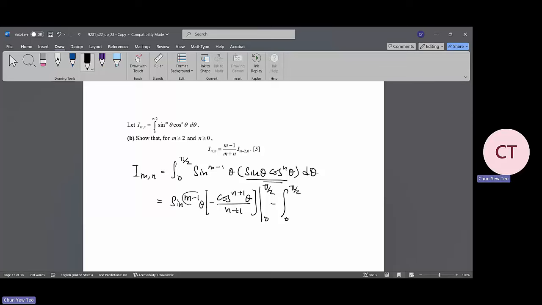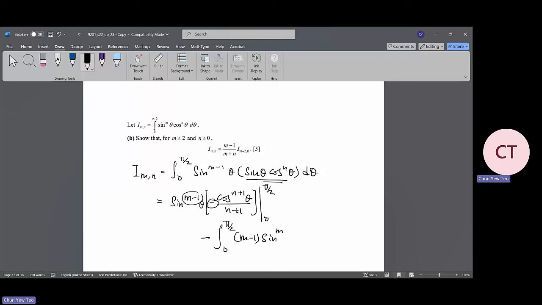Now we want to differentiate this. So this one will be m minus 1 sine m minus 2 theta cos theta, provided we have integration over here. This one we copy down. We will not have enough space. My apologies on that. So maybe I write it down here. It will be minus the integral 0 to pi over 2 of m minus 1.